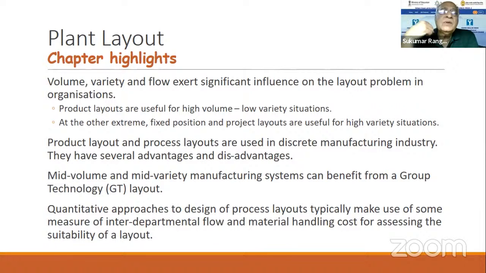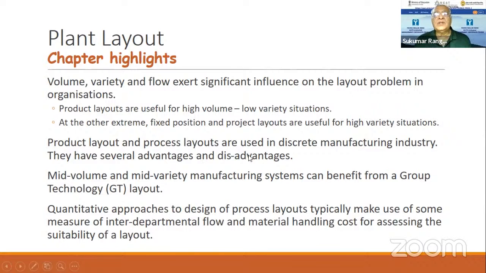What is the volume? How much of variety is there? And what is the type of flow which you want to design? Product layouts are usually for high volume, low variety situations. At the other extreme, a fixed position and a project layout are useful for high variety situations.